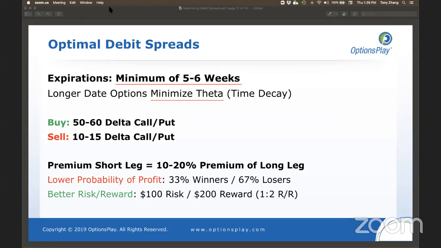And when you're buying these types of debit spreads, you always want to buy basically an at the money call or put, or a slightly in the money call or put. So a 50 to 60 delta is a good starting point.